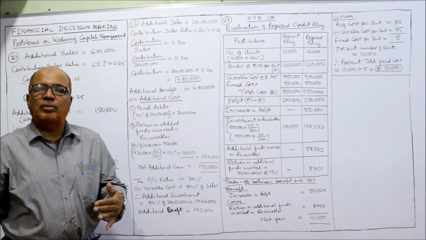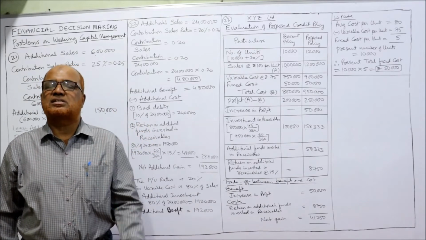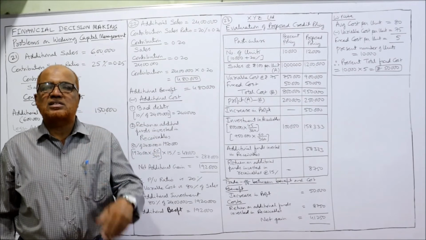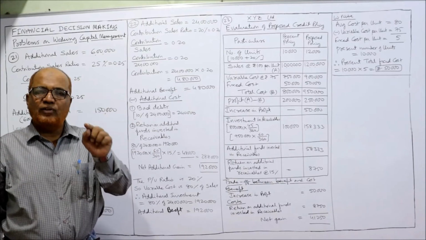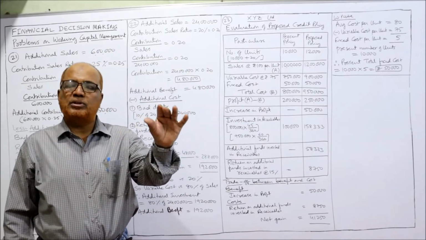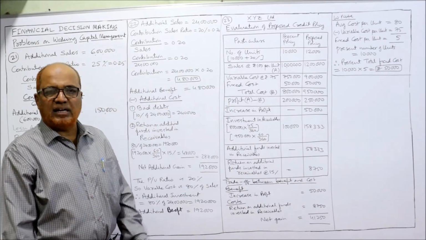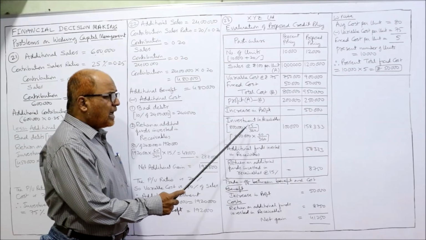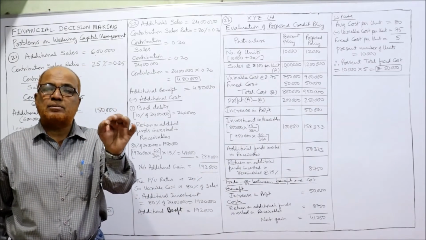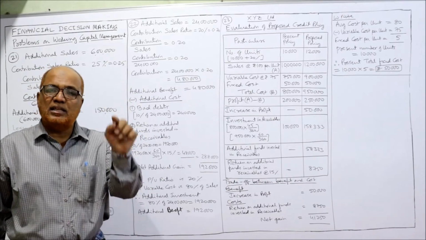It is assumed the year consists of 360 days for easy calculations; otherwise, you may take 365 also. If you take 360, write a note after the problem that the year is assumed to consist of 360 days. So 8 lakh into 45 by 360, 1 lakh rupees is the investment in receivables in the present policy.